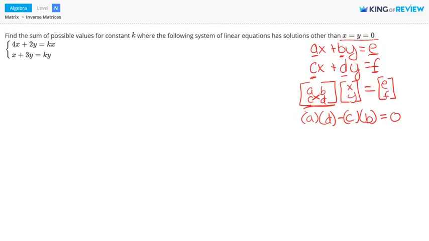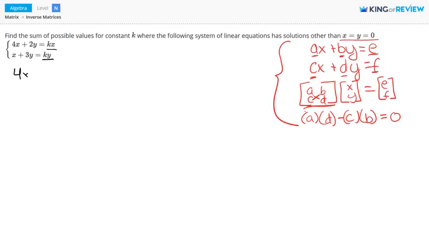So now let's set up our equations in this format here. Looking at our equations, we can see that we do not have the constant over here on the right-hand side. So let's move that kx and ky to the other side.